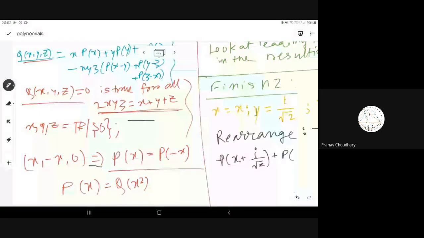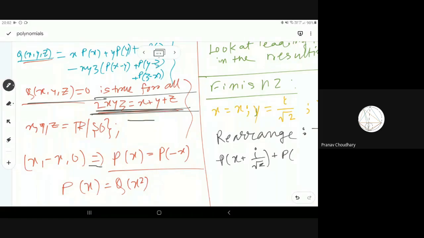What we did while proving the continuity argument was that it holds true for all x, y, z satisfying 2xyz equals x plus y plus z. x, y, z can be anything here, right? Think of it like this: q of x comma y comma z is a three variable polynomial, right? Suppose we consider it in C of x, y, z. It is true for all x, y, z belonging to reals and satisfying this.